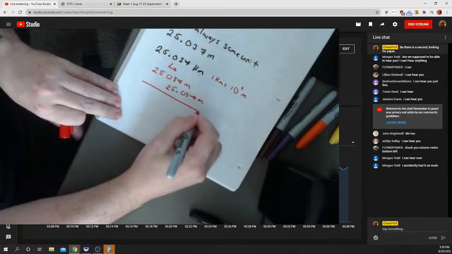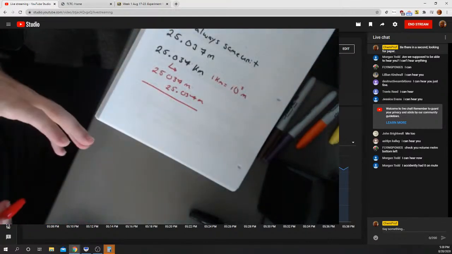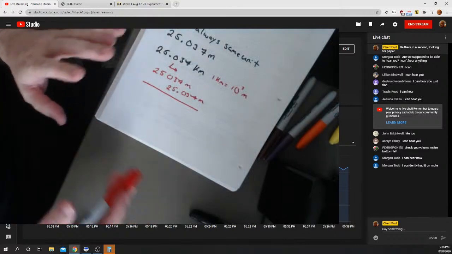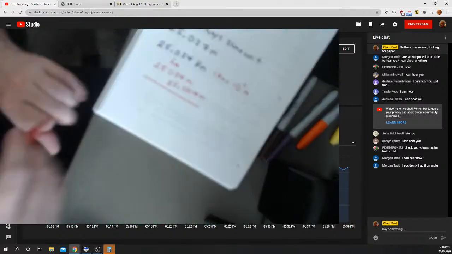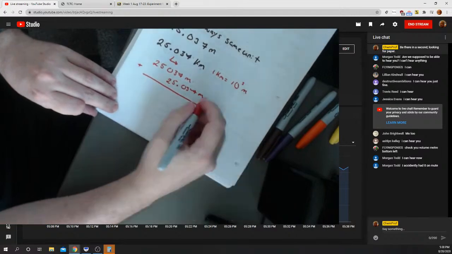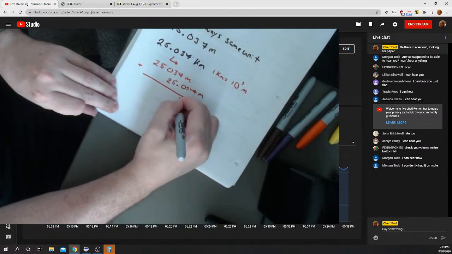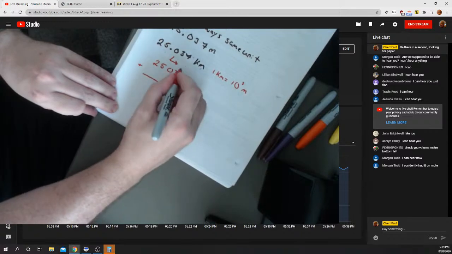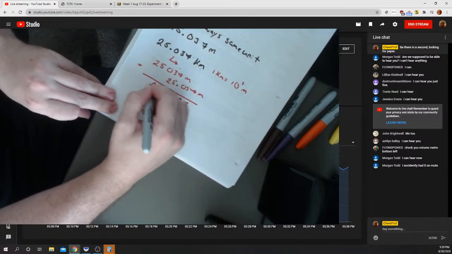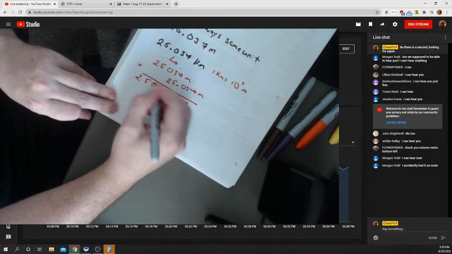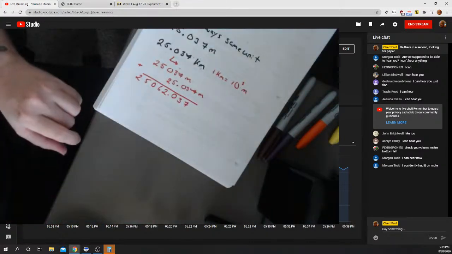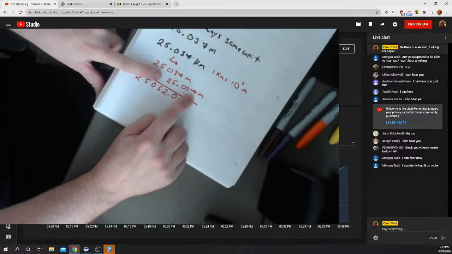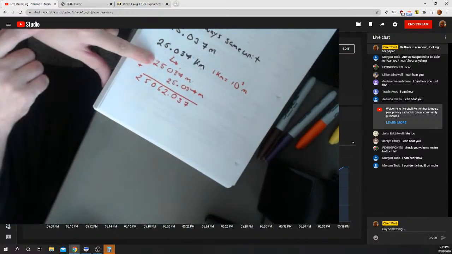So when it comes to significant figures for addition and subtraction, first, just go ahead and add or subtract as normal. So we add these together. But here's the thing. This measurement here was a lot more precise than this measurement here.